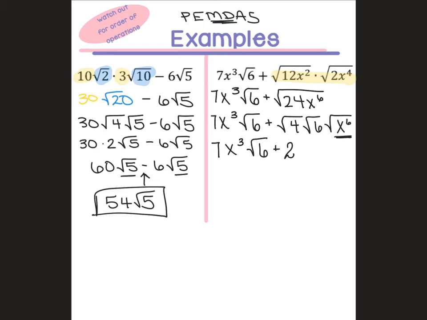X to the sixth is even, so I divide the exponent by 2, so I have x to the third, and I'm left with a square root of 6. Now that all of my multiplication is done, I can just do my addition. So I have 7x to the third plus 2x to the third, which is 9x to the third, square root of 6.